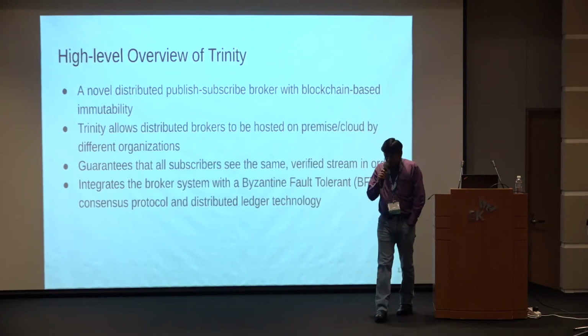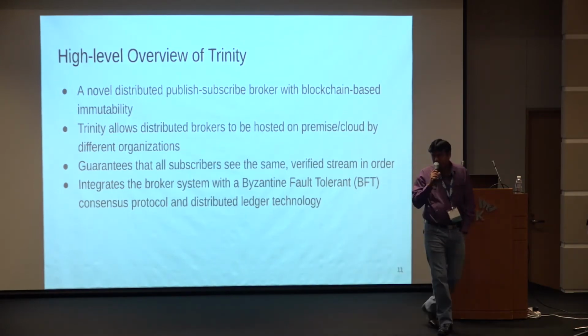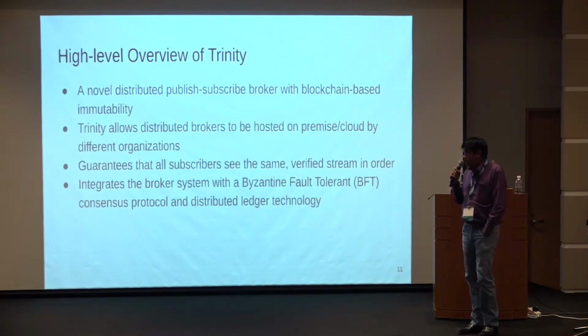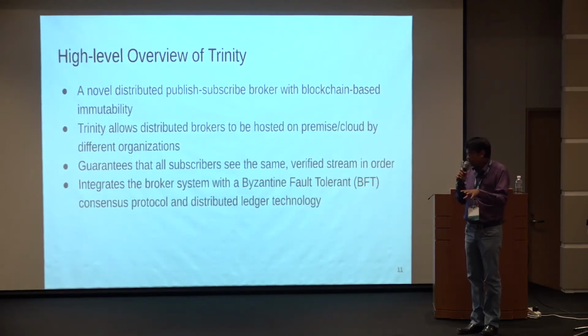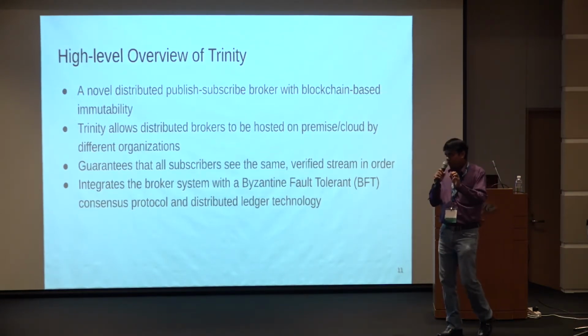So, a high-level overview of Trinity. Trinity allows the brokers to be owned and managed by different organizations, and this can be hosted either on-premise or on the cloud. It guarantees that all the subscribers see the same verified stream in order. Let's say a publisher, or a data producer, sends a message to the broker.